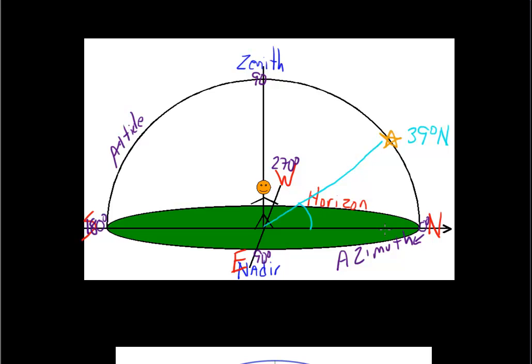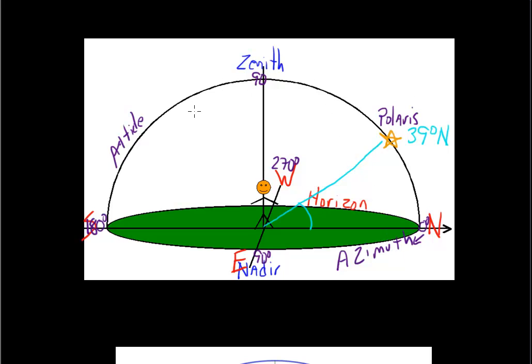With those two, altitude showing you how far you go up, and azimuth, how far you go away from the north, you can find the location of celestial objects anywhere in the sky. That location would be 39 degrees up, and at 0 or 360 degrees azimuth, and that's the location of Polaris, commonly called the North Star.